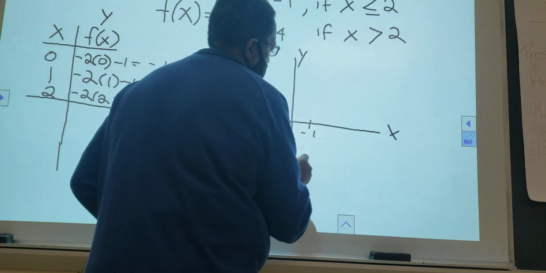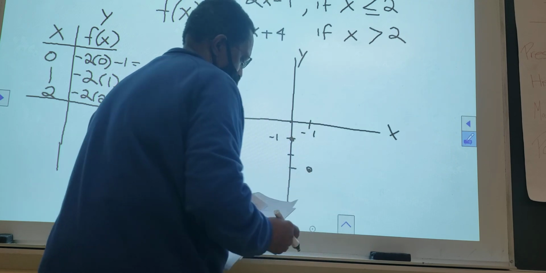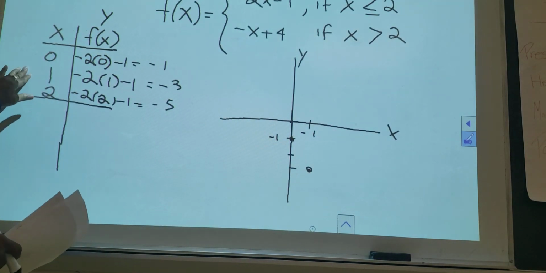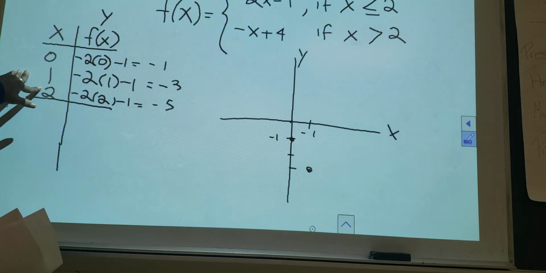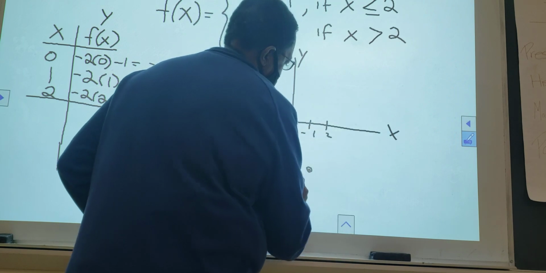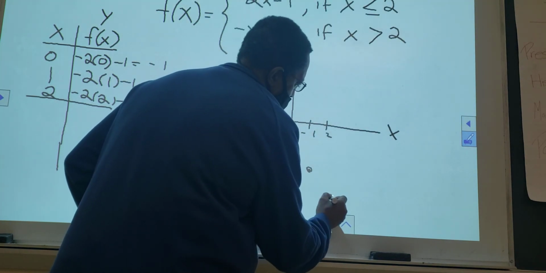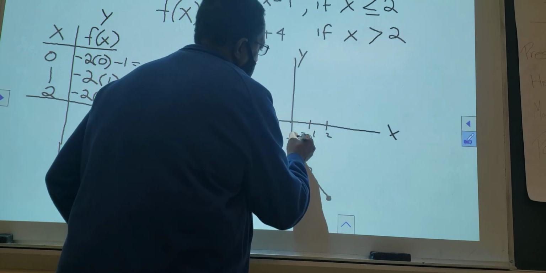So y, right there. And then if x is 2, then f of x is minus 5. So that's going to be somewhere right here, okay. So you can actually connect this here.